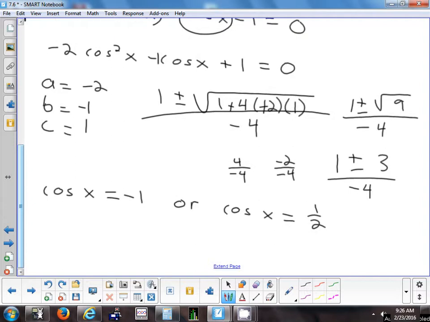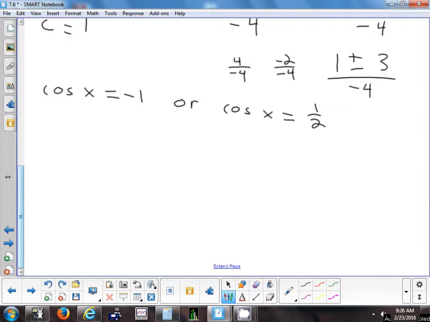Now we'll solve each one and see what we get. For the one on the left, anytime it's equal to 1 or -1, always just use the graph. Okay, it's easier that way. Where does the graph of cosine hit -1? And it's only one time that it hits it.